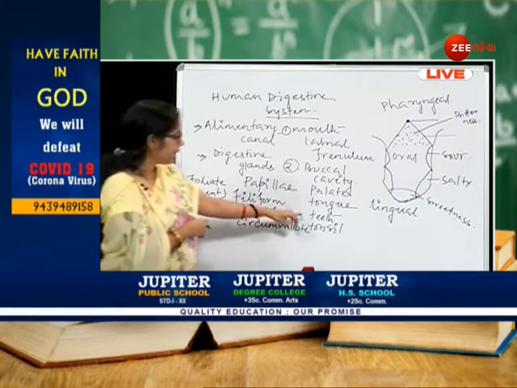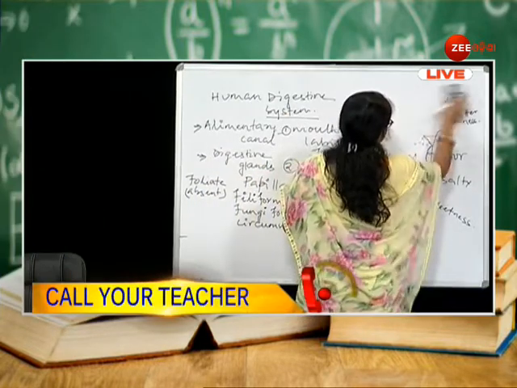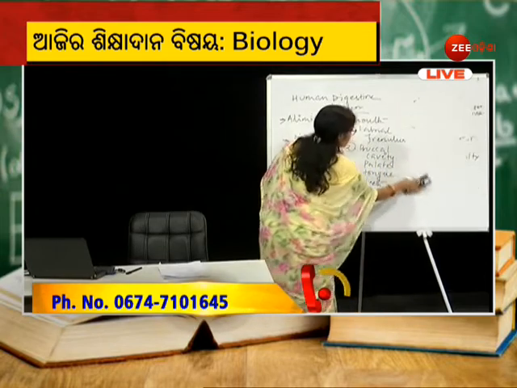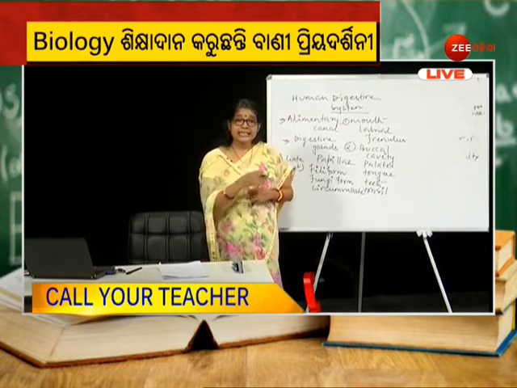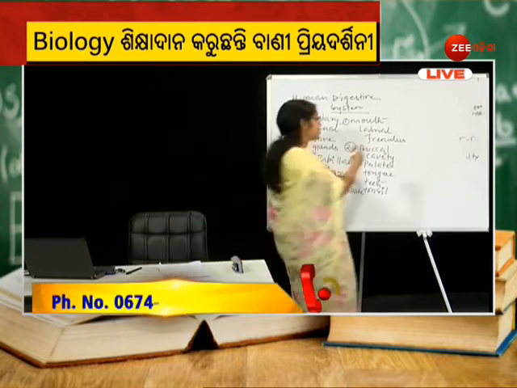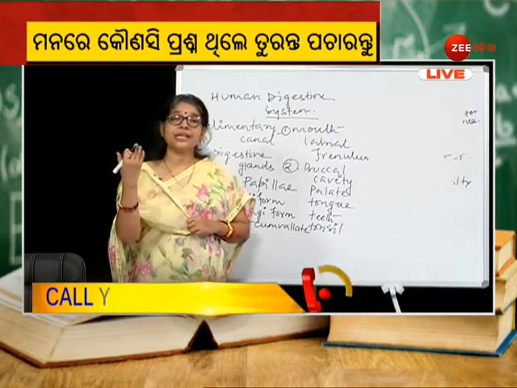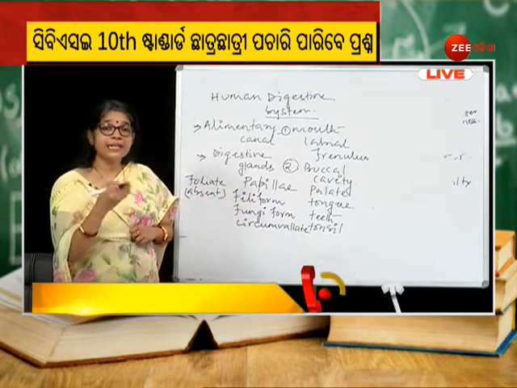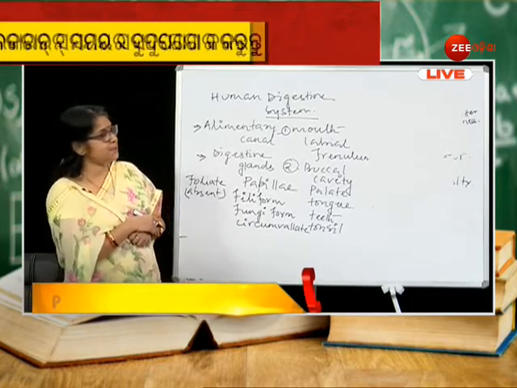Next, have an idea about the teeth. The teeth are also a part of the buccal cavity, present within it. In human, the teeth are classified according to their origin, that is, how many sets of teeth can be replaced throughout the lifespan.